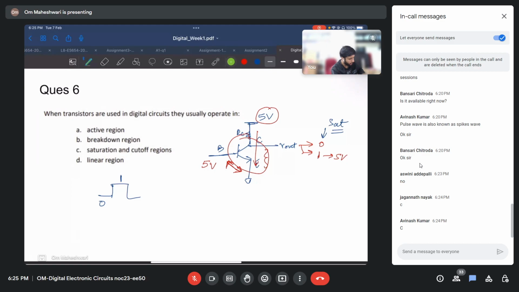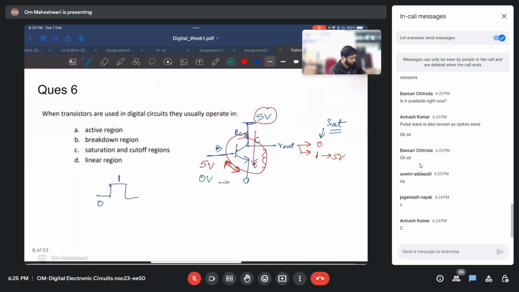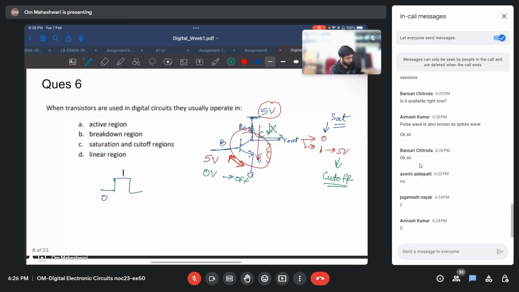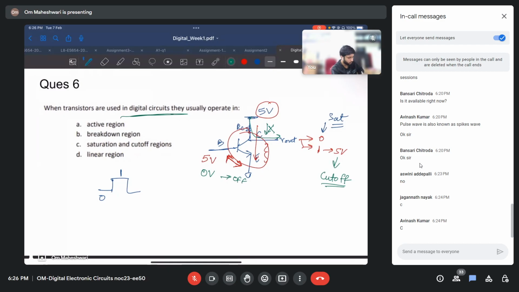And if we apply 0 volts here, the transistor is turned off. That means no current flows through here, so all this 5 volts is available at Vout. For this we use cutoff. Therefore, in digital circuits, we usually operate in saturation or cutoff regions.